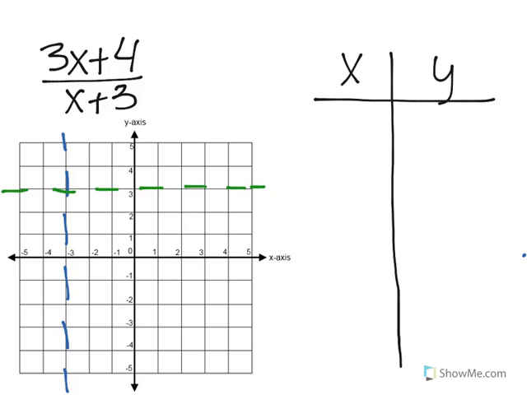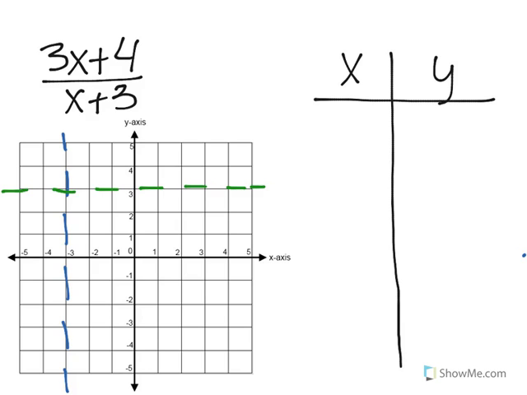Now we're going to go ahead and pick some x points and plug them into our equation and see what our corresponding y points are, so we can figure out which of the quadrants created by our asymptotes our graph is going to lie in. The key to picking points here is that you want to pick x points on either side of your vertical asymptote, but you don't want to pick the actual vertical asymptote point.